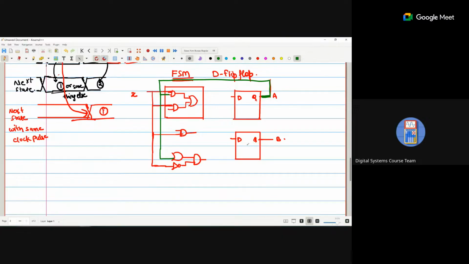Now the remaining input is required for this and this. I am taking one more case where I connect this output here, here, and here.